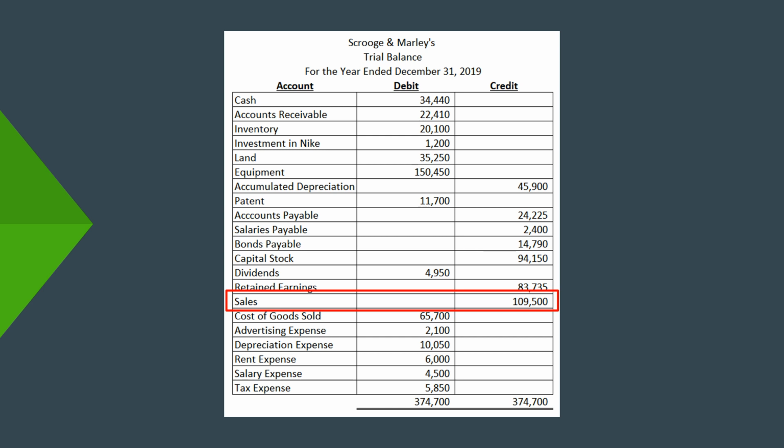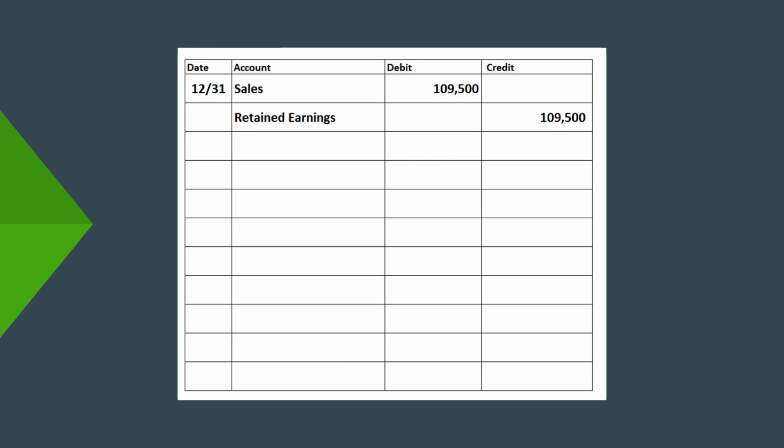Remember, to subtract out a balance in the accounting world, we need to use the opposite balance of what's currently there. So currently we have a credit balance of $109,500, so we will need to debit sales for that full amount. So our journal entry would look like this. We would debit sales for $109,500 and then credit retained earnings, essentially transferring the balance from sales into retained earnings.